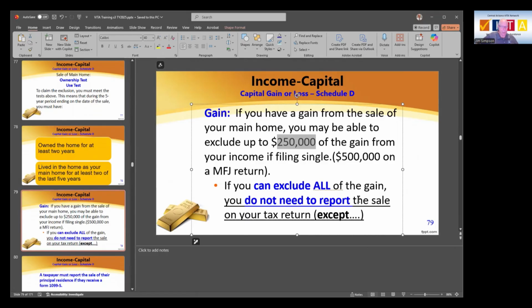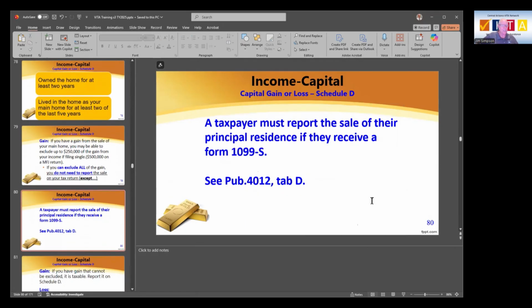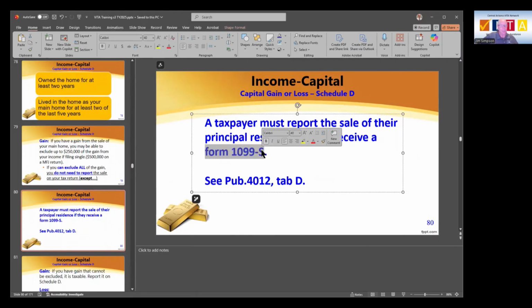If you can exclude all of the gain, you don't need to even report the sale unless you receive this Form 1099-S. Often during closing, the title company will ask you questions about how long you've owned the home, and they'll determine whether they've got to send you a 1099-S. They may send you one anyway, and if they do, that means they reported it to the IRS.